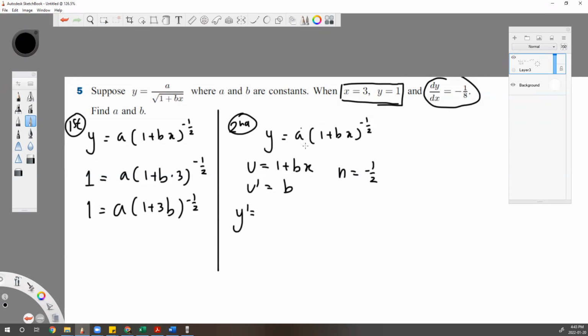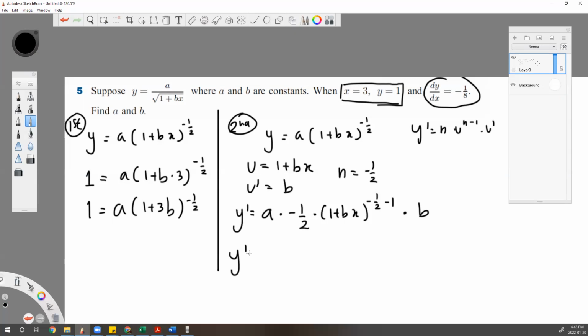We have the a, so the a is supposed to be written first, and then use the formula. y prime x, I have to write down n times u power n minus 1 times u prime x. See, n is negative half, times u power negative half minus 1, times b.